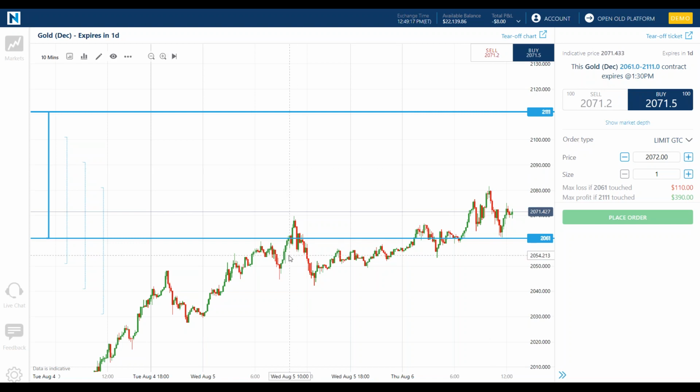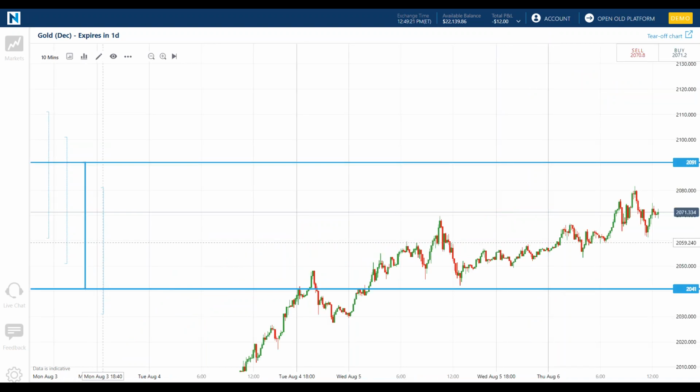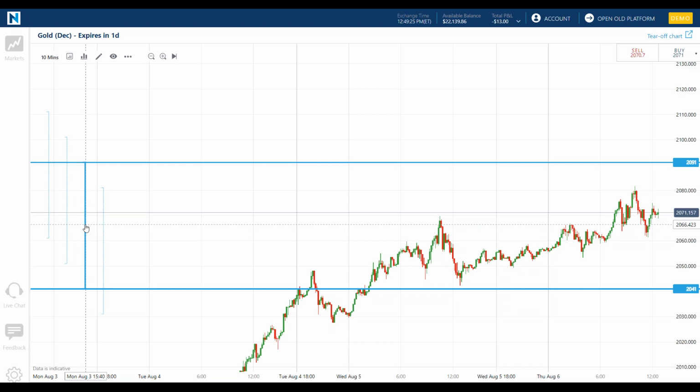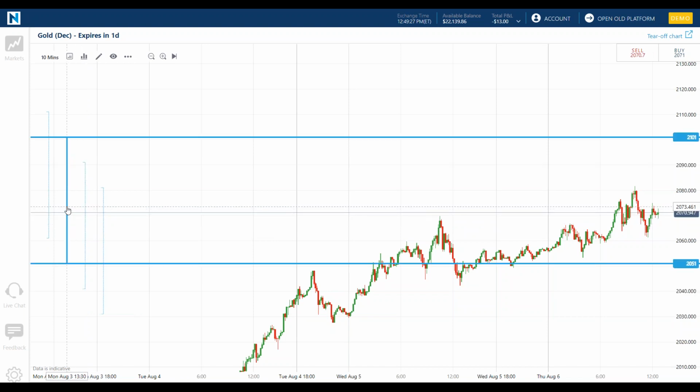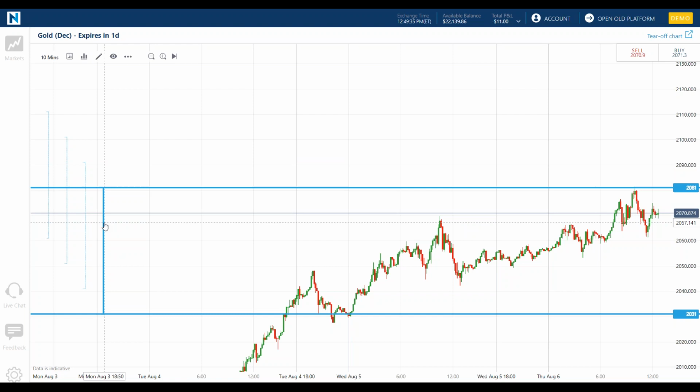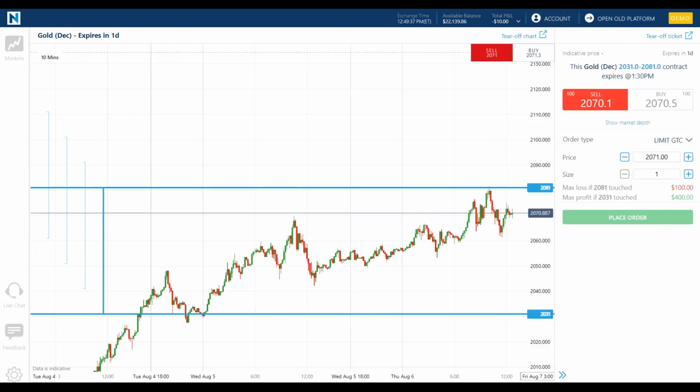Now before I go any further, and again, that's where you can always choose which knockout you want and which one's going to give you the risk reward relationship that fits what you're trying to accomplish. For instance, if I were thinking gold were going to turn around and the trend's going to reverse and I wanted to sell it, maybe I would choose this 2031, 2081.